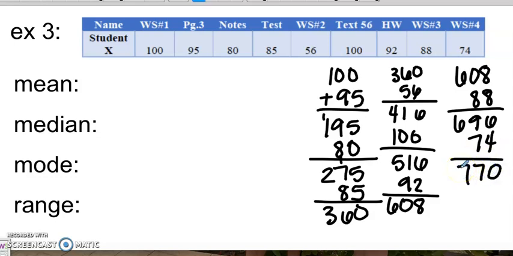Okay, and I should get 770. And now there is 1, 2, 3, 4, 5, 6, 7, 8, 9. So I take 770 and I divide it by 9. And I should get 85.6 for the average of those scores.